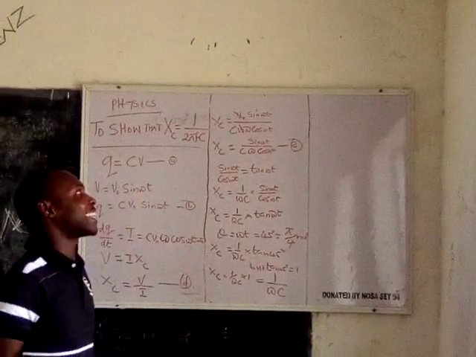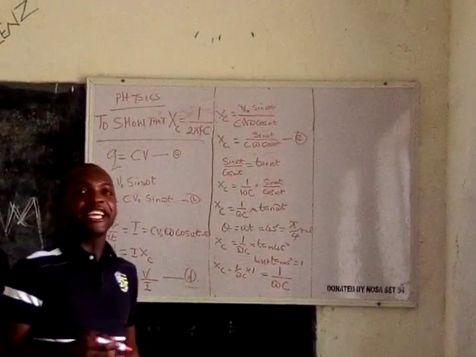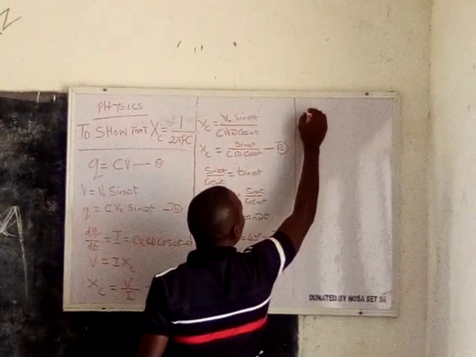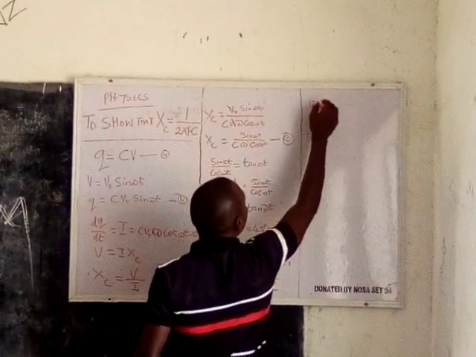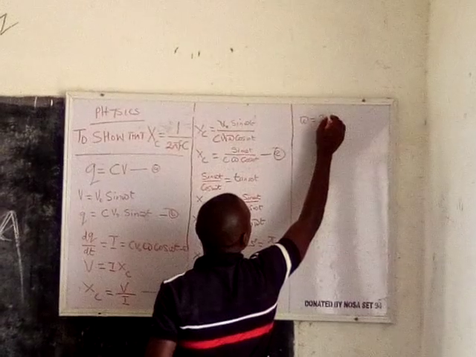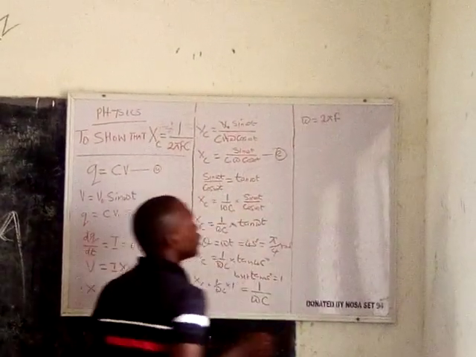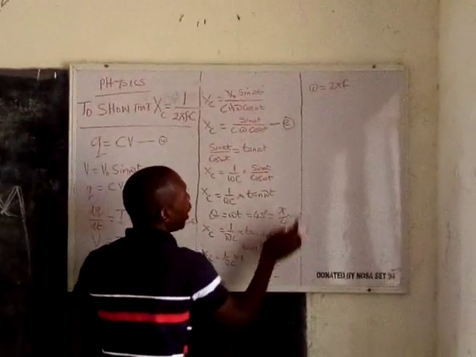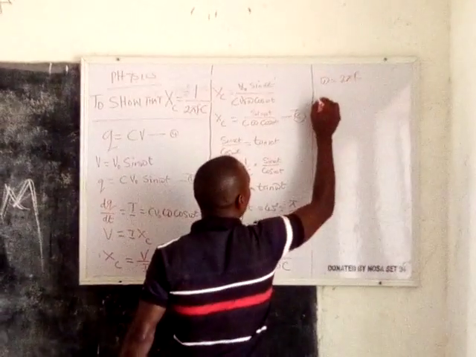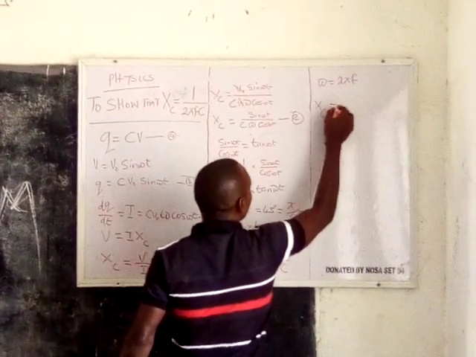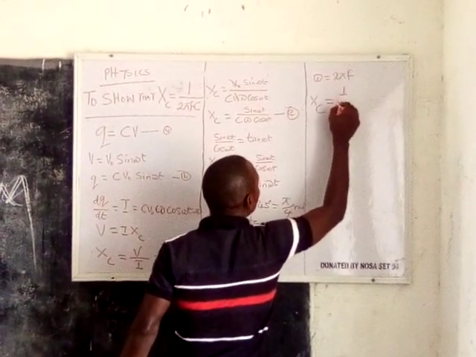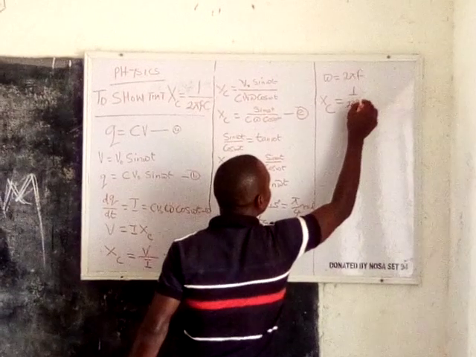But you will know that omega is related to this particular formula. We know that omega is the same thing as 2 pi f. If we put it in this formula, we will have that Xc is equal to 1 over 2 pi fC.